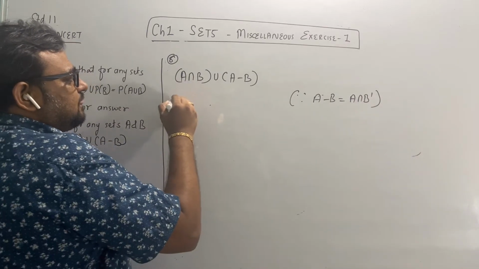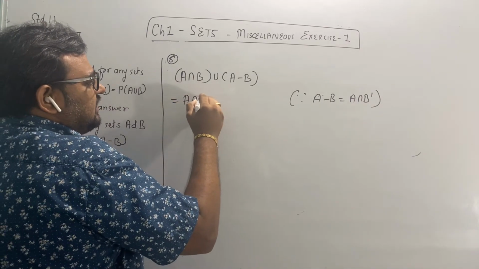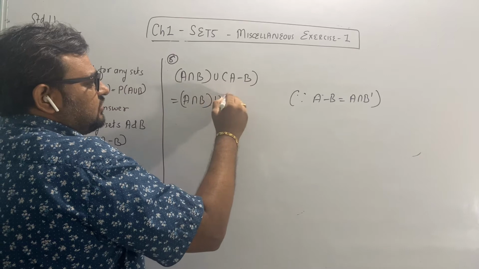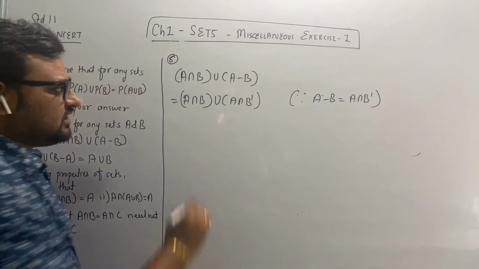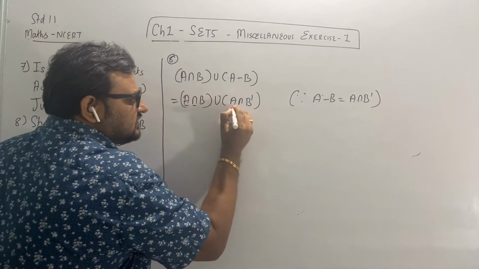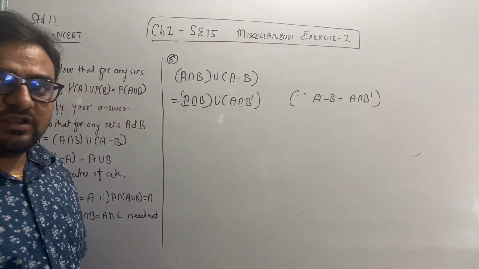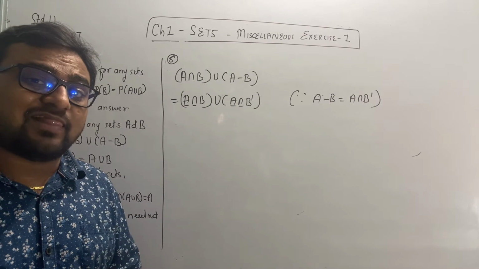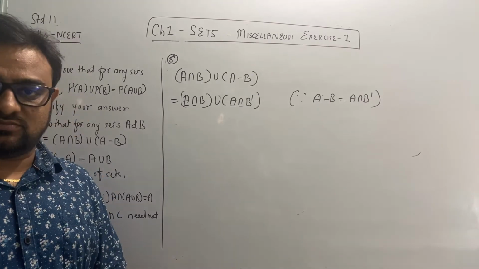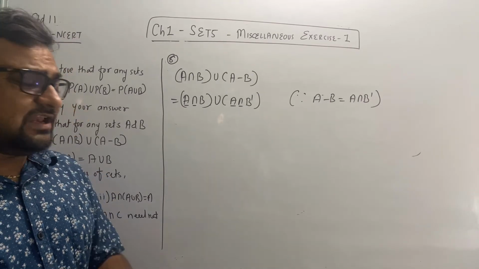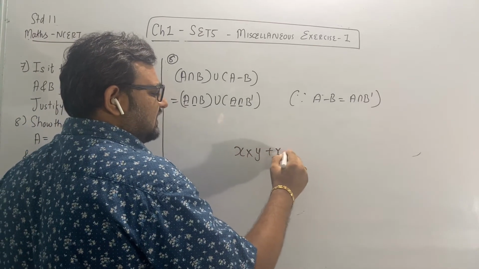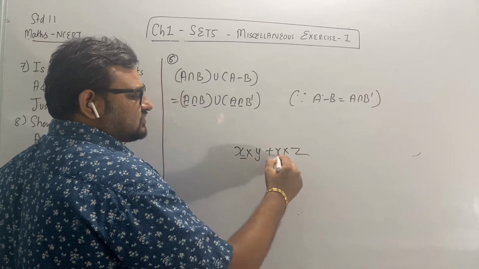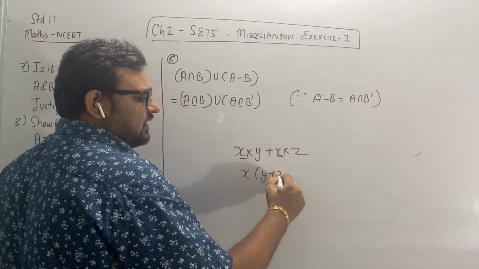So here, this will be equal to A intersection B union A intersection B complement. Now see here, A intersection, A intersection. Here you can apply the law of distribution. If I take numeric values, we do it this way: x into y plus x into z, we take x common, x into (y plus z).